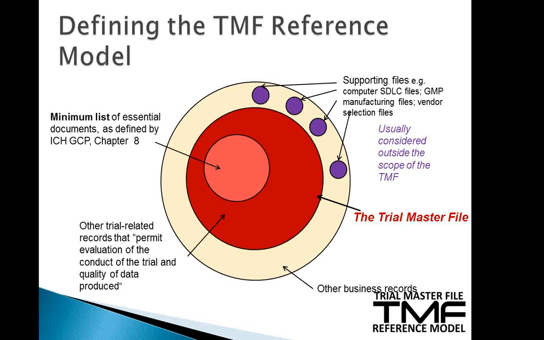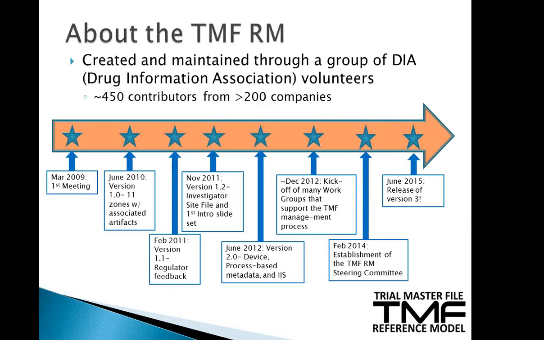So how did this all happen? You can go to the next slide, Jim. It started in 2009 with one of the DIA SIAC groups, Special Interest Area Committees on Document and Records Management. A group of folks got together and decided we should, for the reasons we just covered, start an initiative to do this. That produced in 2010 the first version of the TMF reference model. In 2012, it produced version 2 of the TMF reference model, and now in 2015 we have version 3.